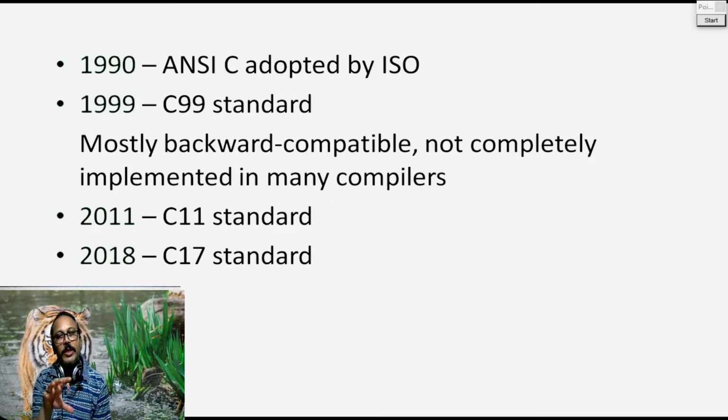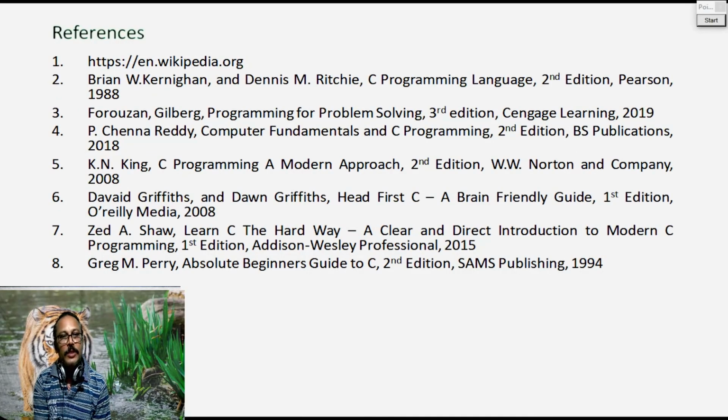As a beginner programmer, you do not need to bother about these standards. This is just for information's sake. But whenever you are writing large, complex software, depending on what standard your company is using, you may have to learn some additional features. So that is regarding the C language.